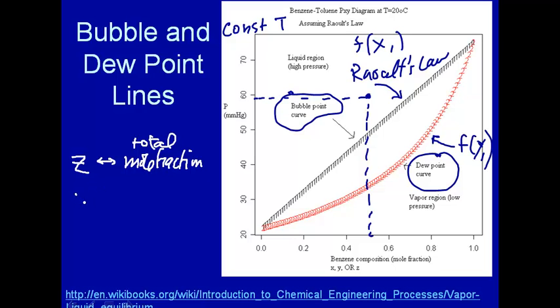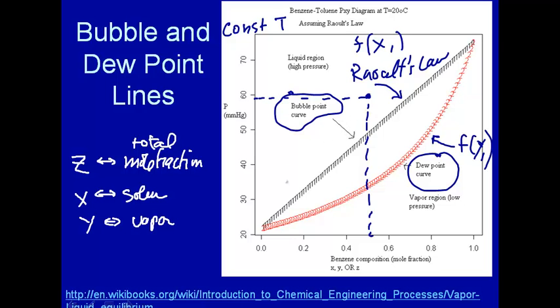So we have X is the mole fraction in solution, or the liquid. Y corresponds to vapor, and Z corresponds to the total mole fraction of a particular component. All right, so this is benzene. We're sitting up here. It's all liquid.